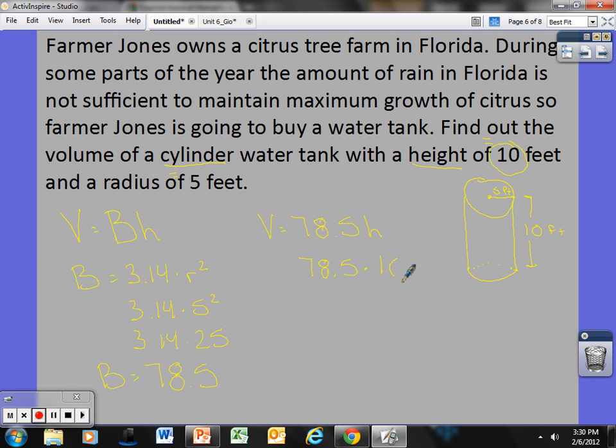Whenever you multiply something by 10, it gets one power of 10 larger, so I just move the decimal place one place to the right. So it's 785. We're dealing with, find out the volume, so it is 785 cubic feet.